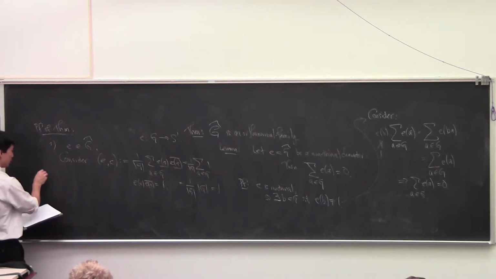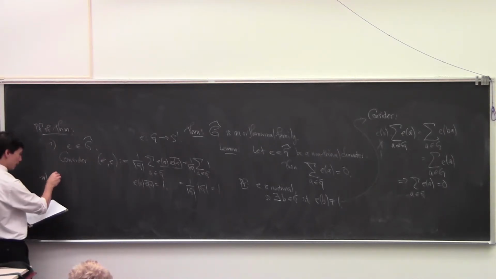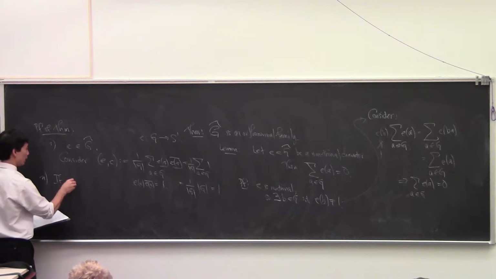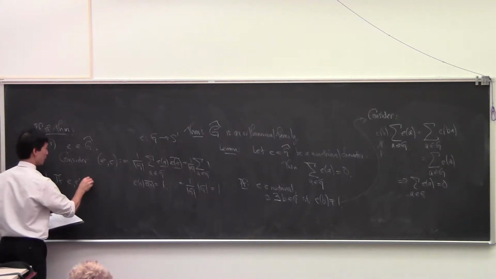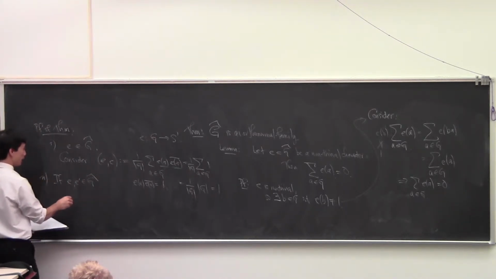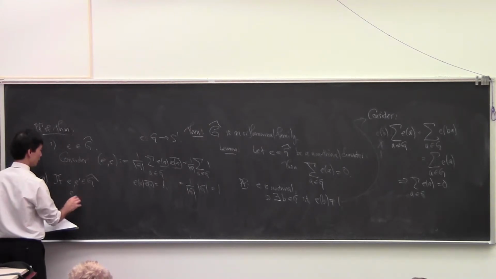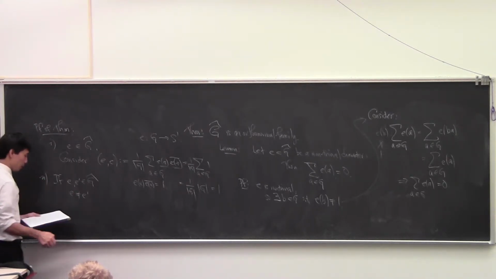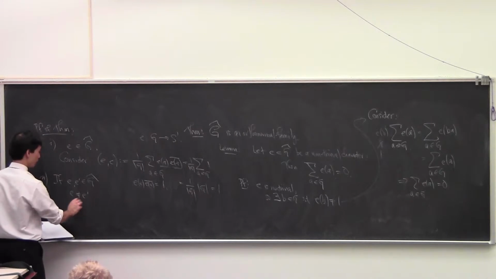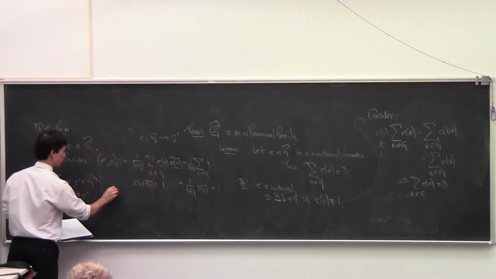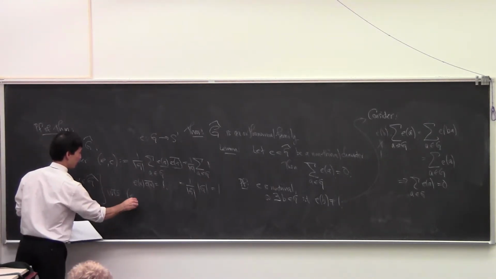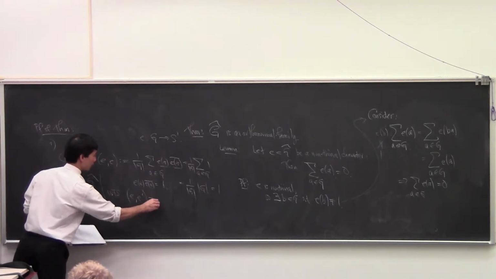Part 2: to show that if E and E prime are both characters, and E is not equal to E prime, we want to show that the inner product of E and E prime is 0.